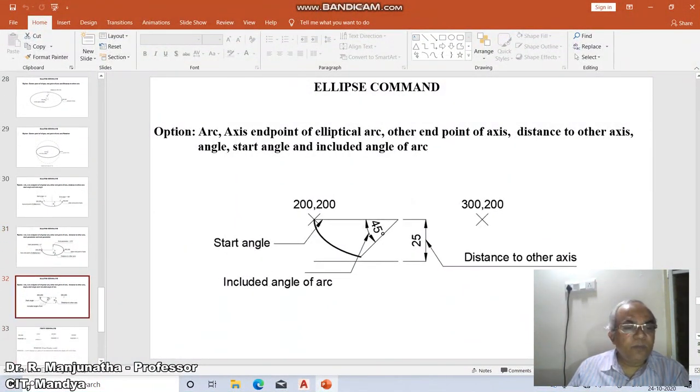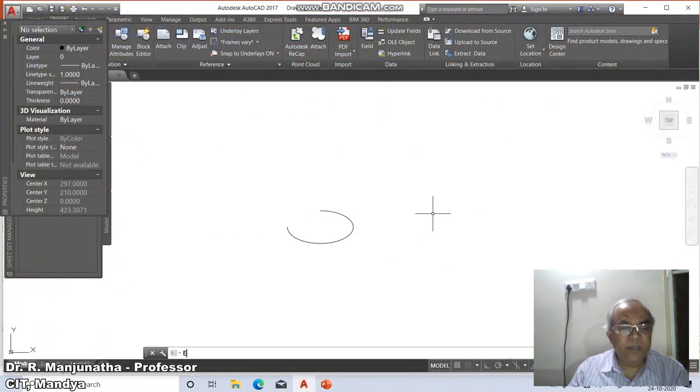Then we have one more option, which is the start angle and included angle of the arc. This is the included angle we are talking about. So these are the various options with which we can draw. The command is ellipse.